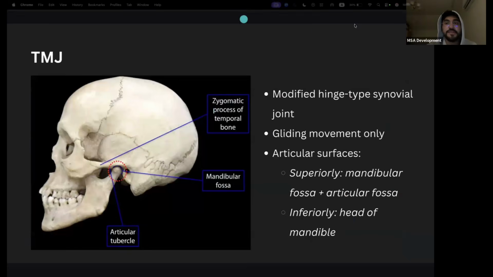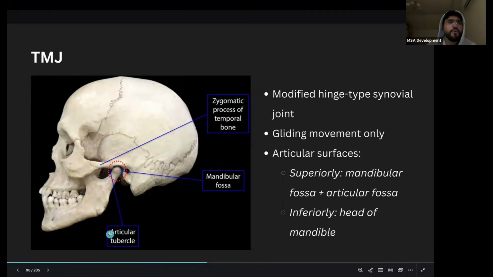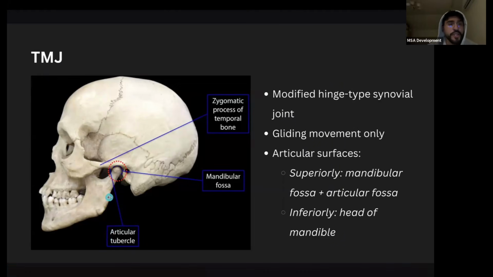Okay. Next we have the TMJ, which is the temporomandibular joint. Okay, this is a very important joint and a very unique joint, because the only movement it allows is the gliding movement. So these are just anatomical landmarks.